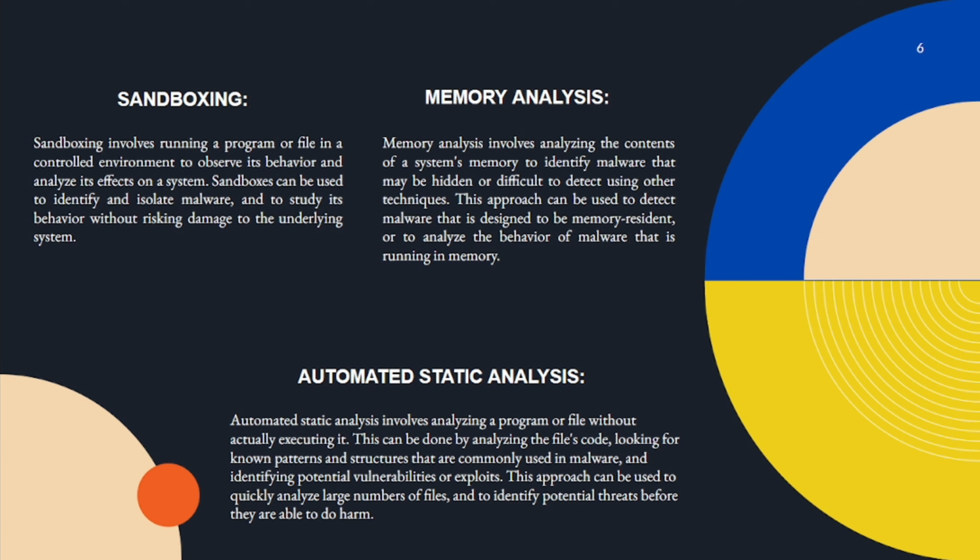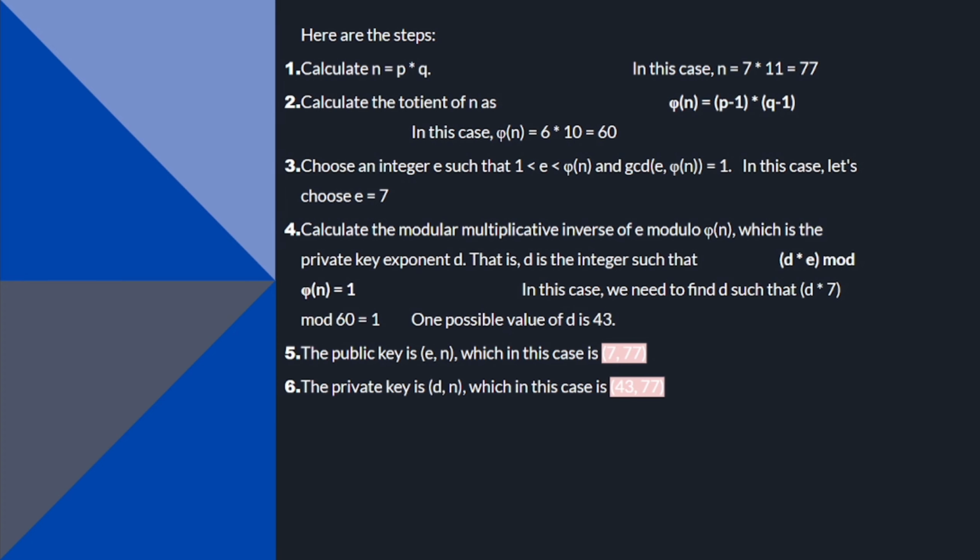Automated static analysis involves analyzing a program or file without actually executing it. This can be done by analyzing the file's code, looking for known patterns and structures that are commonly used in malware, and identifying potential vulnerabilities or exploits. This approach can be used to quickly analyze a large number of files and to identify potential threats before they are able to do harm.